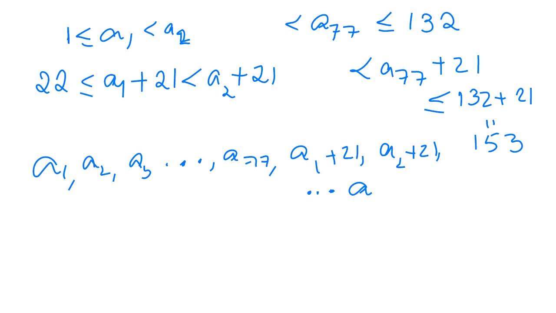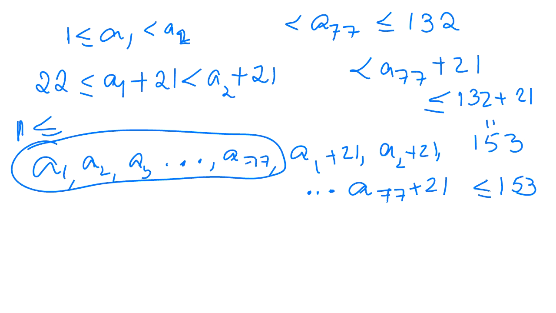If you look into this, they are all between 1 and 153. Do you agree with me, guys? Now, as Val suggested, these numbers are also strictly increasing, so they should all be different. Am I right, guys?